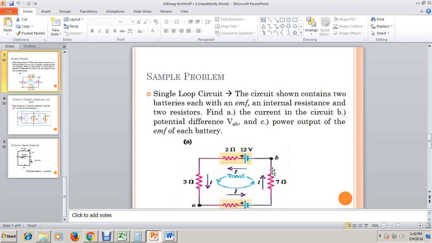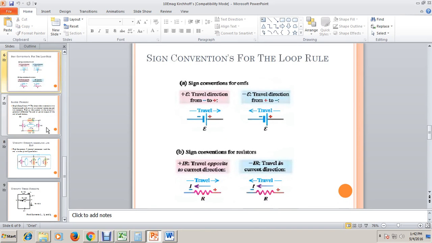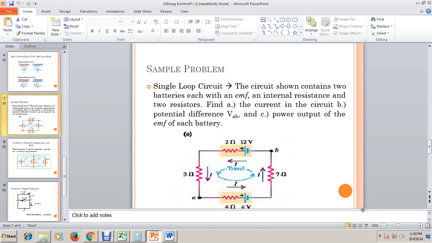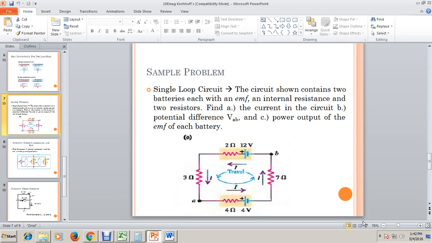For this diagram, you could actually start anywhere in your construction. Perhaps we could start with the 12-volt battery.